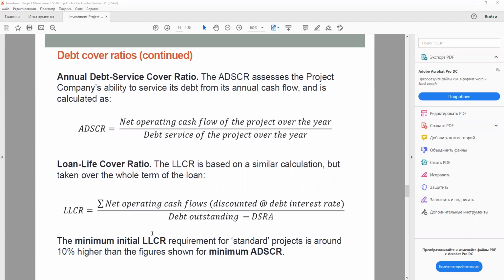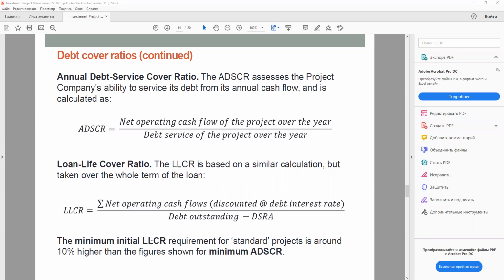So projected net operating cash flow calculated in the same manner as for the ADSCR, from the date on which the project is projected to begin operations to the date at which the loan is repaid, and discounted to its NPV at the same interest rate as that assumed for the debt, and divided by debt outstanding on the calculation date, less the balance of debt service reserve accounts. Other reserve accounts should not normally be included in the calculation.